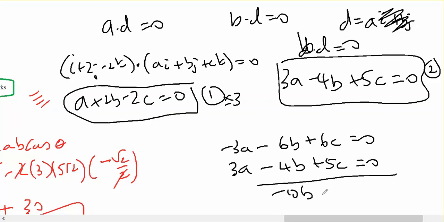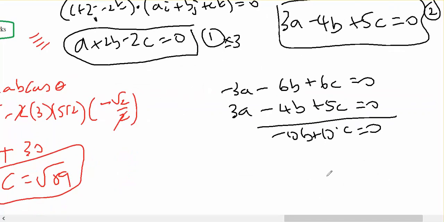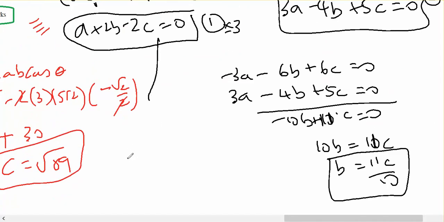So if I times this one by 3, negative, I get minus 3A minus 6B plus 6C equals 0. And I've added to this one 3A minus 4B plus 5C equals 0. I get minus 10B plus 10C equals 0, which means that 10B equals 10C, B equals 11C on 10. Using equation number 1, A plus, replace B with 2 lots of 11C on 10 minus 2C equals 0.